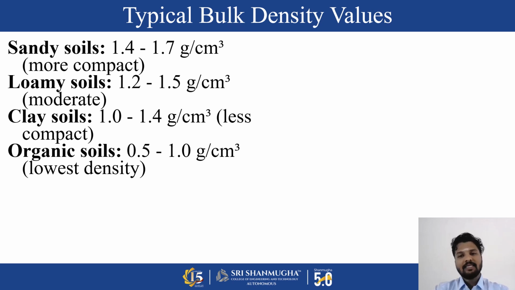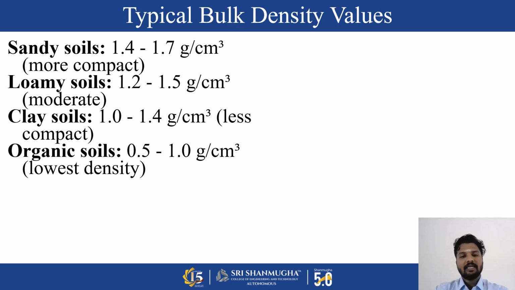Sandy soils have more compaction, that is, a higher density level. The second one is loamy soil. It has a bulk density ranging from 1.2 to 1.5 gram per centimeter cube, so it has moderate compaction. Next one is clay soil.